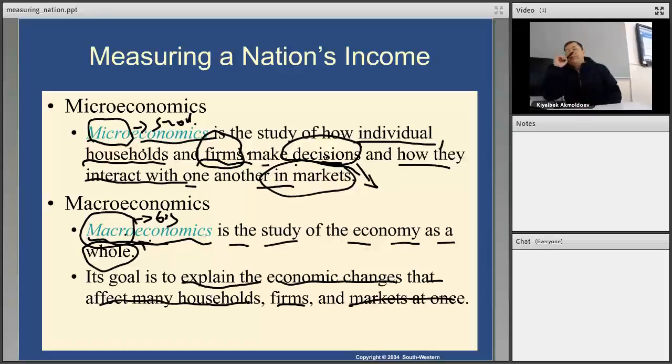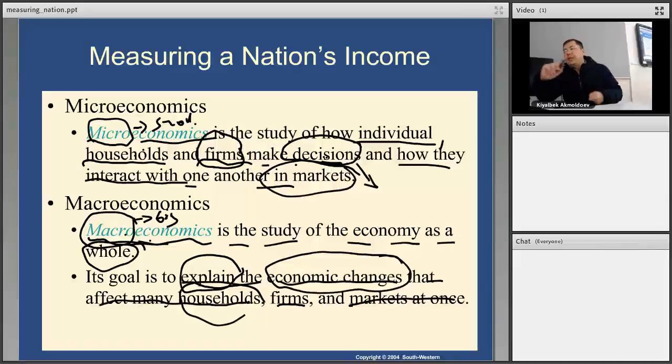So the aim of macroeconomics is to explain what? Economic changes. What kind of economic changes are we talking about? Changes in prices, changes in production, changes in income, changes in unemployment, and so on. Different changes that affect who?